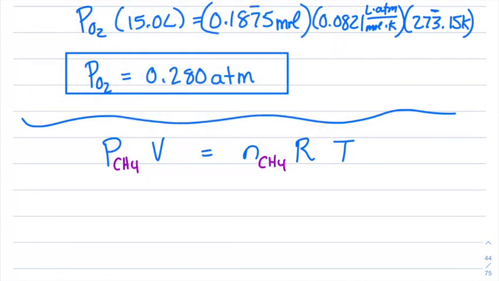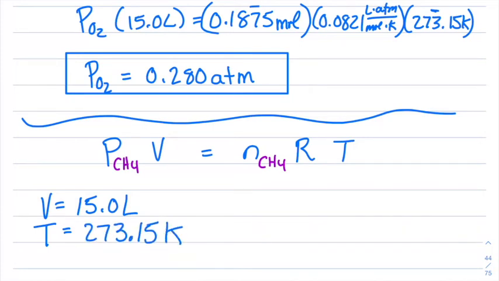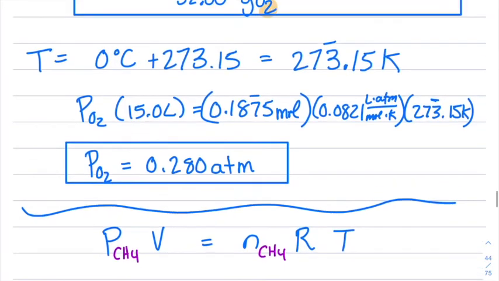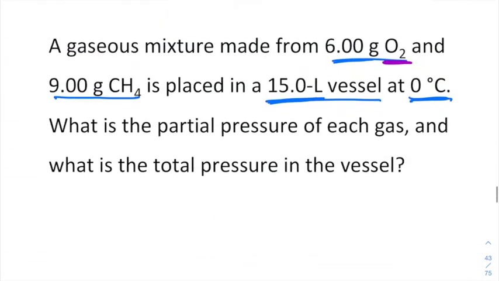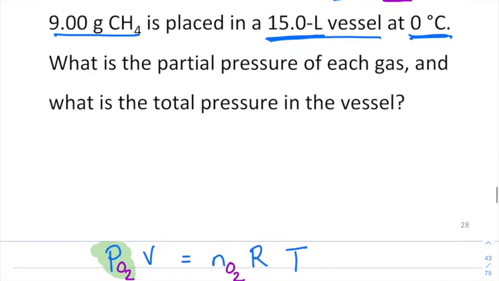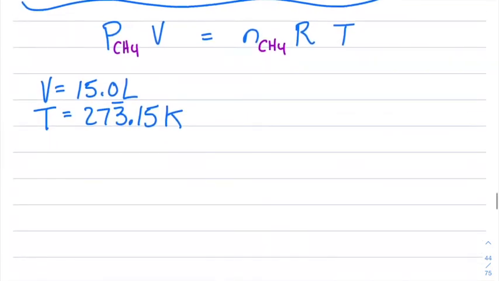So we don't know our pressure, but we said that our volume was 15 liters. We know our R constant, and the temperature we said was 273.15 Kelvin. Now we need to find our moles. So it looks like we have 9 grams of that CH4.